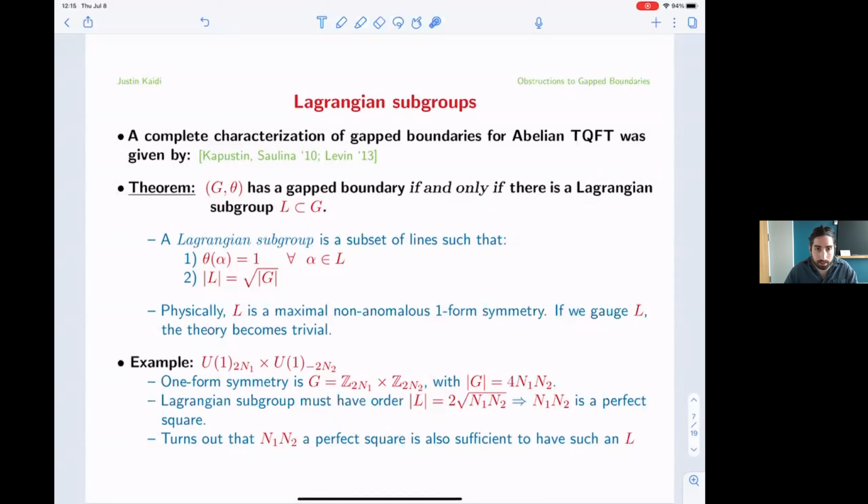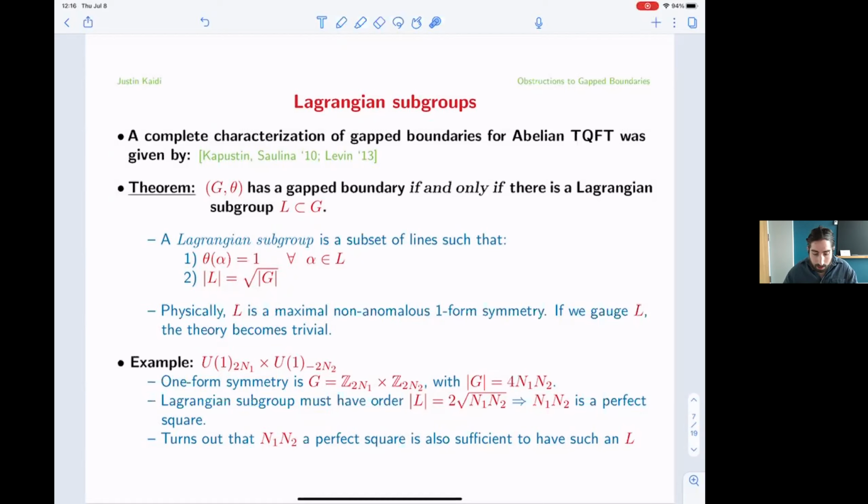First, this subgroup has to have all trivial spins. Okay, so for all alpha, all lines in the Lagrangian subgroup, the spins are equal to 1. They're bosonic lines. And the second condition is on the size of the Lagrangian subgroup. So the size of the Lagrangian subgroup has to be the square root of the total number of anyons in the theory. So these two conditions define the Lagrangian subgroup.